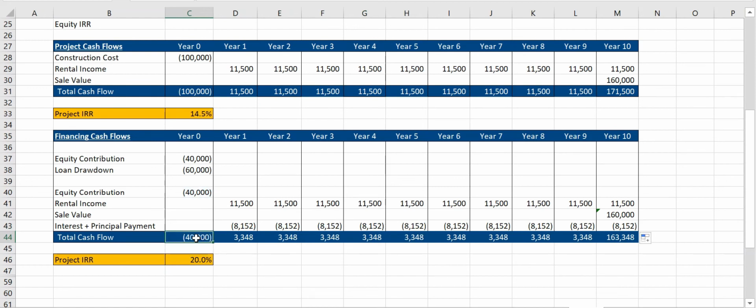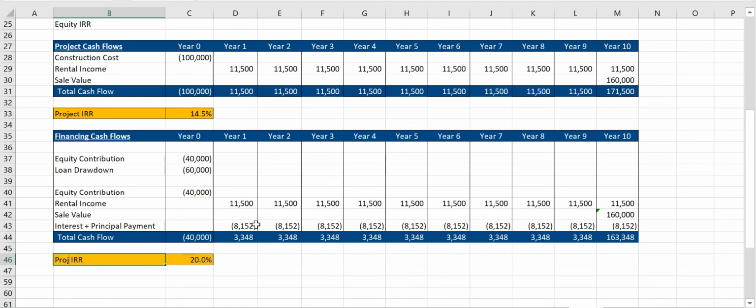Their initial investment is 40,000, and the cash flows attributable to the equity contributors will be 3,348 over the period of 10 years after eliminating the interest and the principal payment. At the end of year 10, including the sales value, it will be 163,348.